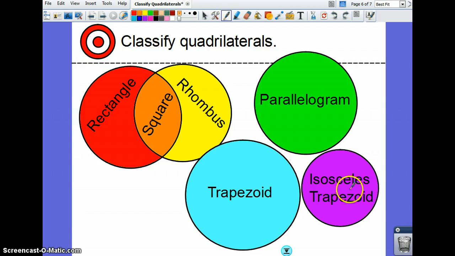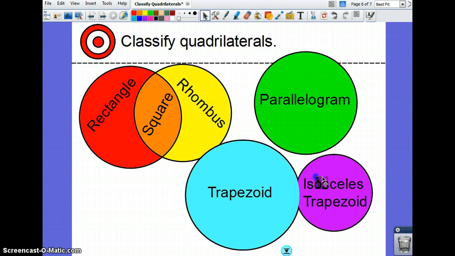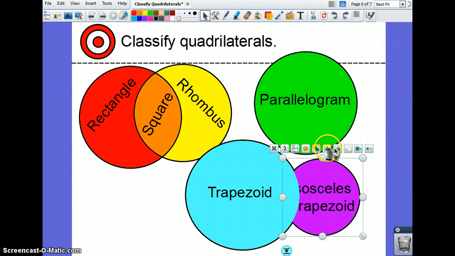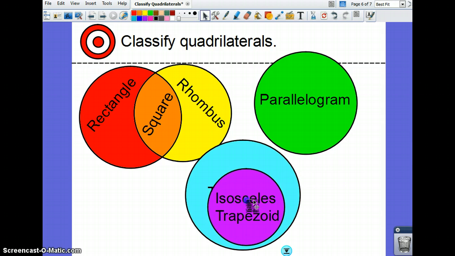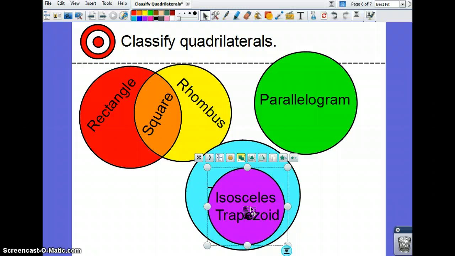An isosceles trapezoid is not a parallelogram, but all isosceles trapezoids are going to be trapezoids, because the definition is a trapezoid with congruent non-parallel sides. So I'm going to move this over on top of here to show that all isosceles trapezoids are also trapezoids, but not all trapezoids are isosceles trapezoids. So that takes care of that one.